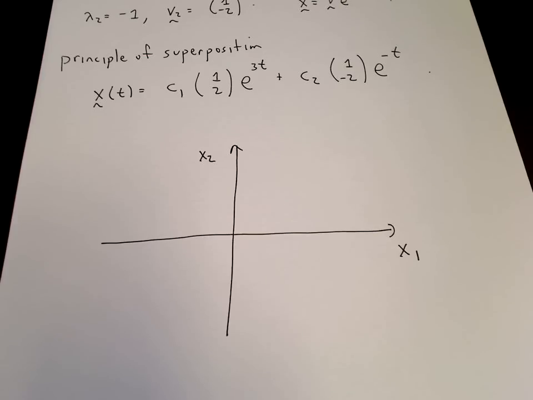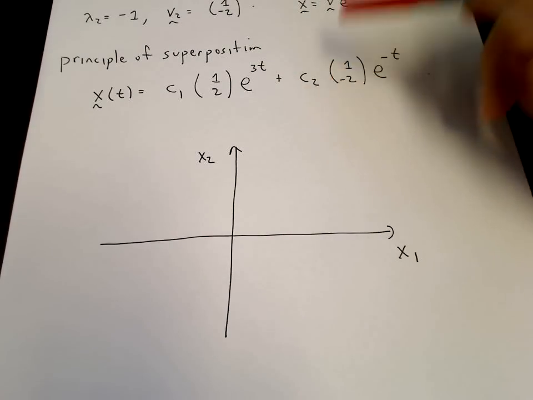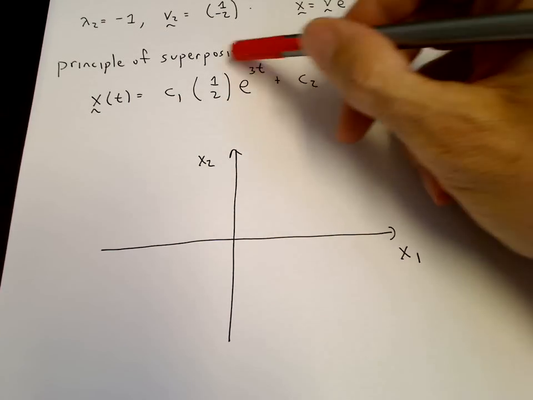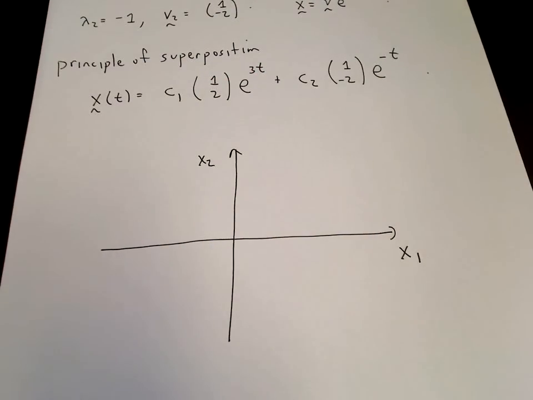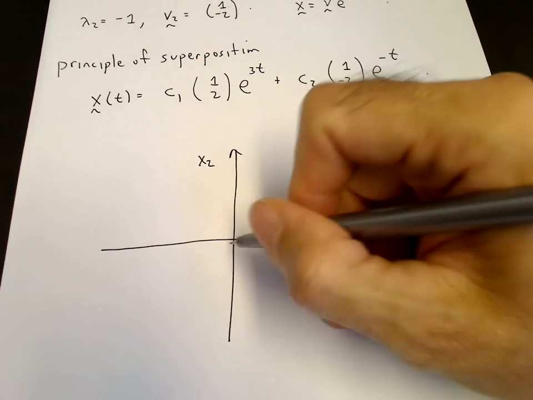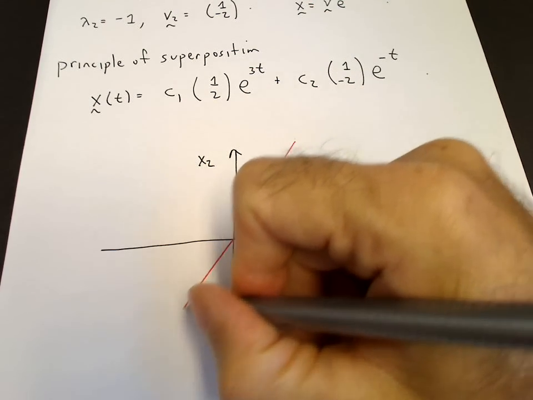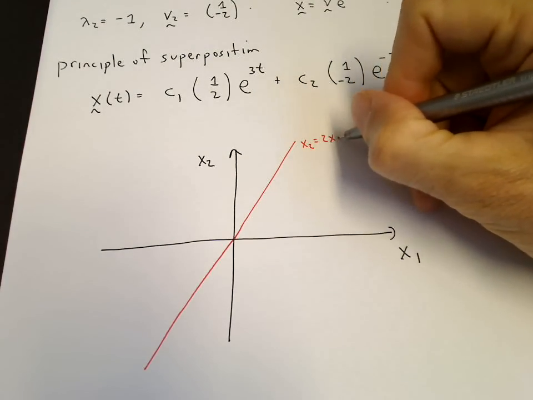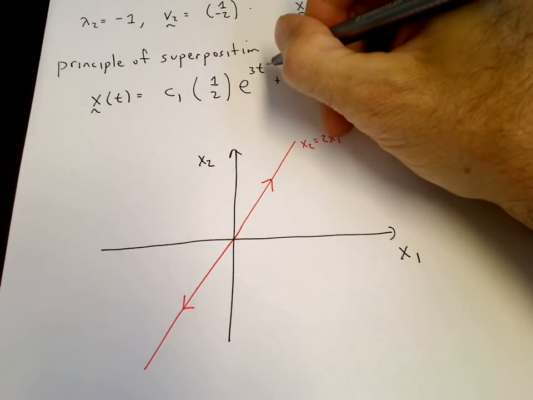So if c2 was equal to 0, right, the initial conditions were such that c2 was equal to 0, then all the solutions would follow this first solution, which means that x2 would always be equal to 2 x1. So if x2 is 2 x1, that's a line which looks like this, positive slope. So this is x2 equals 2 x1. And along this line, the solution is growing as e to the 3t.